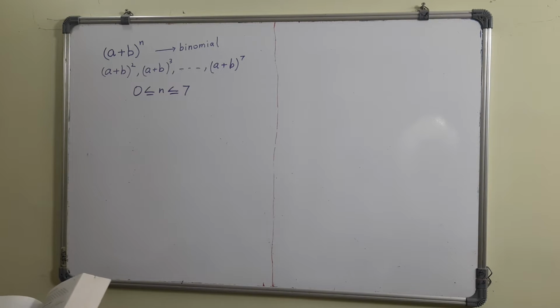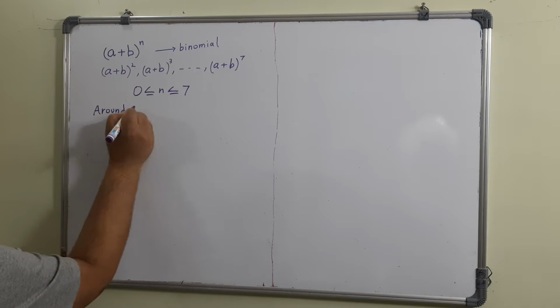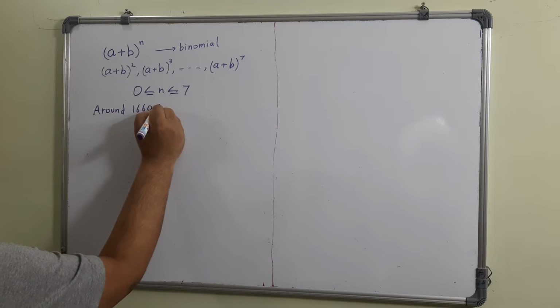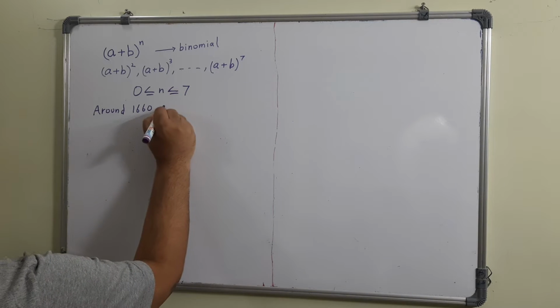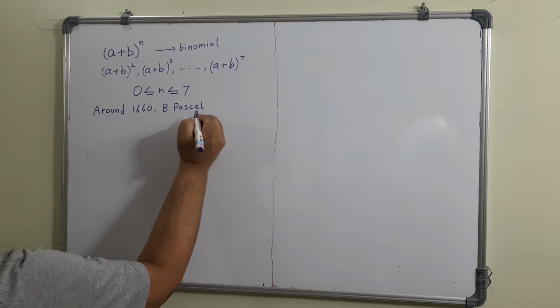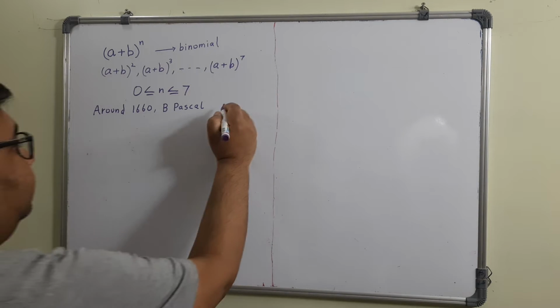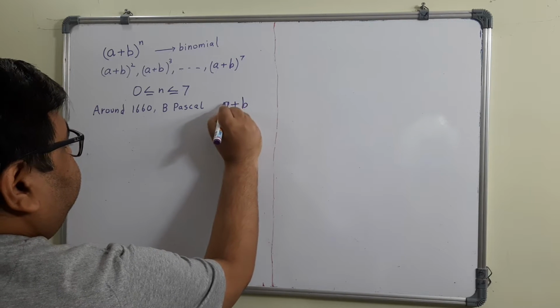Around 1660, Blaise Pascal introduced Pascal's triangle for the coefficients in the expansion of (a + b)^n.